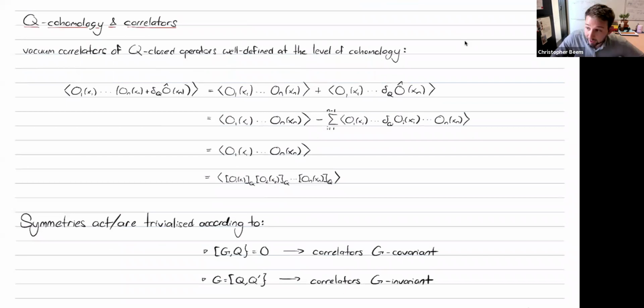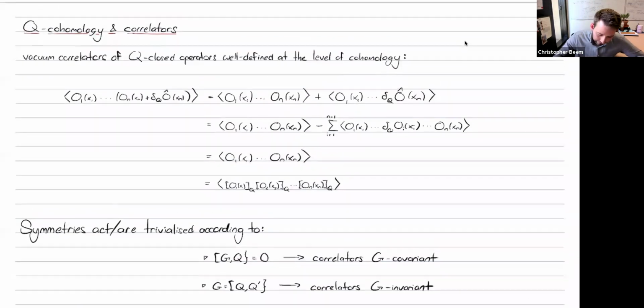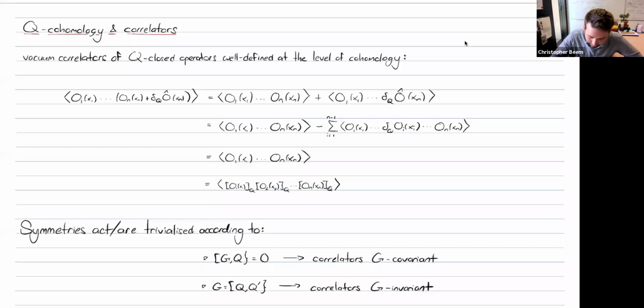Okay, before getting to OPEs, I had a few lines about correlators. Maybe the next natural level of sophistication is looking at Q cohomology at the level of correlators. The basic statement is just that correlation functions of Q closed operators, things that are annihilated by Q, are well defined at the level of cohomology.